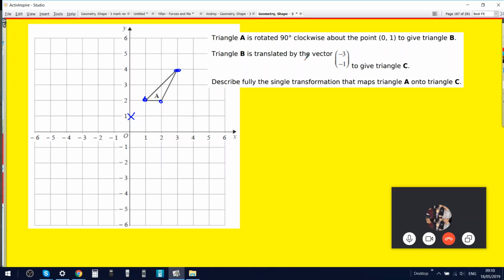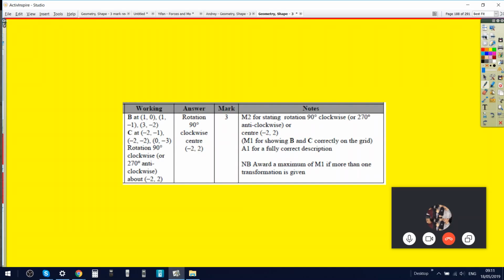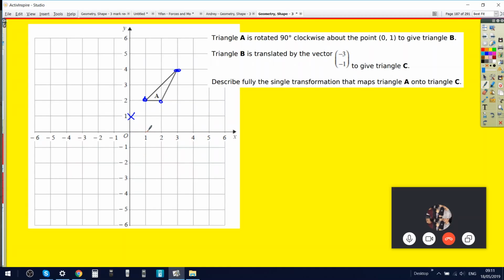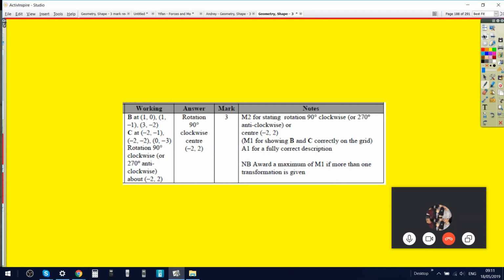Okay. And then how would you do part B? Or triangle B? So do you just take 1 point from B, and then you go like 3 to the left, and then 1 down to give triangle C? That's it. B is at 1, 0, 1 minus 1, and 3 minus 2.